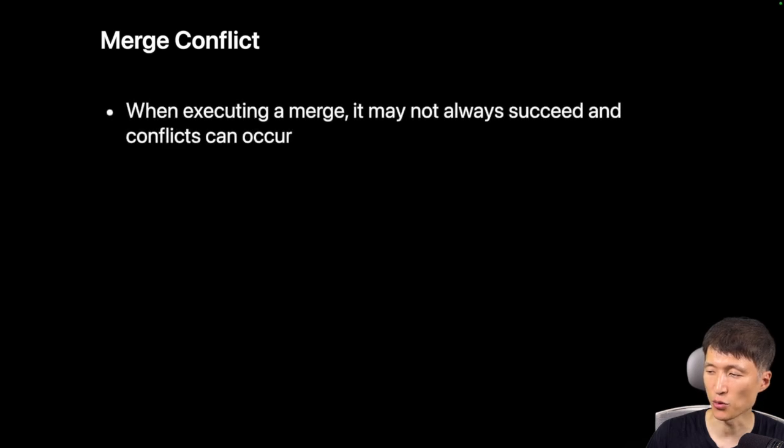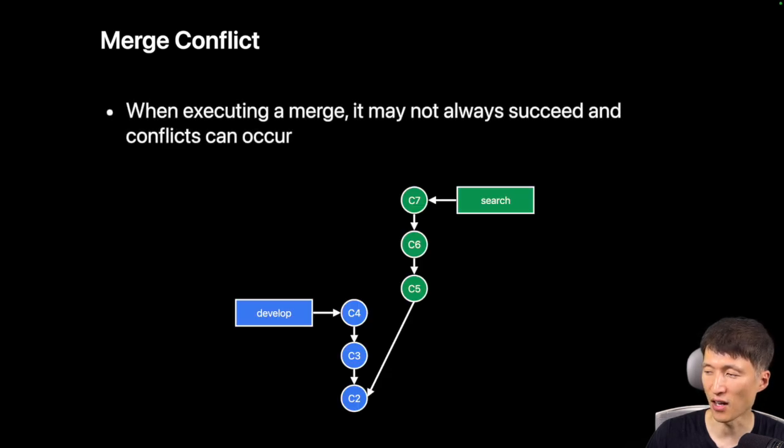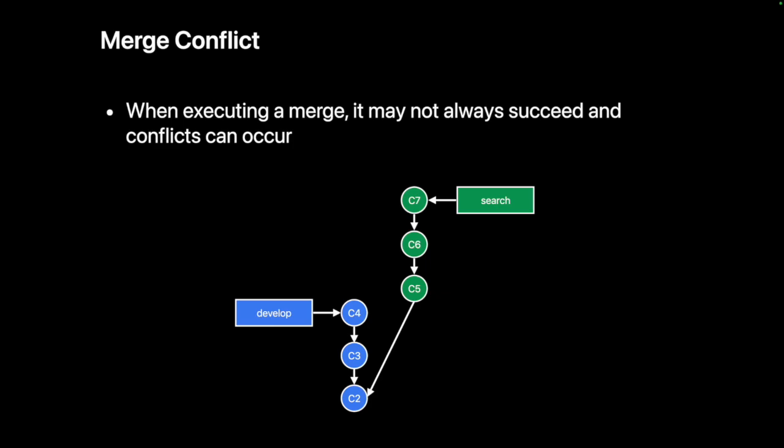Previously, we looked at situations where merges proceed smoothly. However, when performing merges in Git, there are cases where merges do not proceed smoothly and conflicts occur. Conflicts arise because both branches being merged have made changes to the same location in a file.